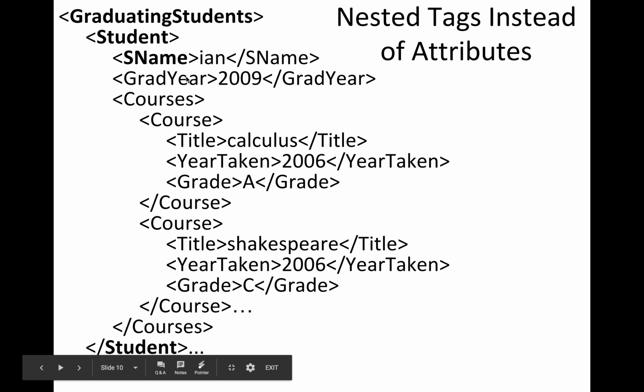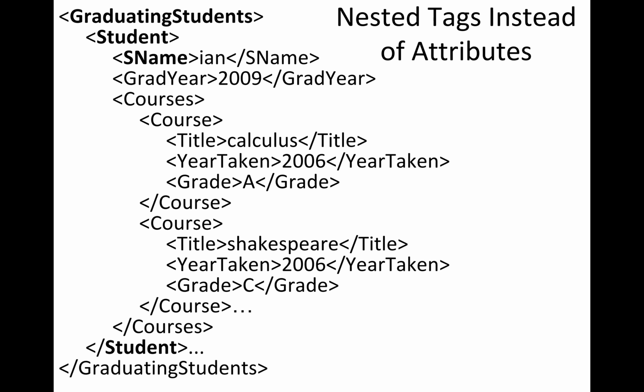Here we have Ian, again, grad year, and the courses that were taken. So this is presumably an equivalent representation of what we saw earlier, but grouped by student, as opposed to capturing the student multiple times. One entry per student. Instead, we decided to have a more normalized implementation.